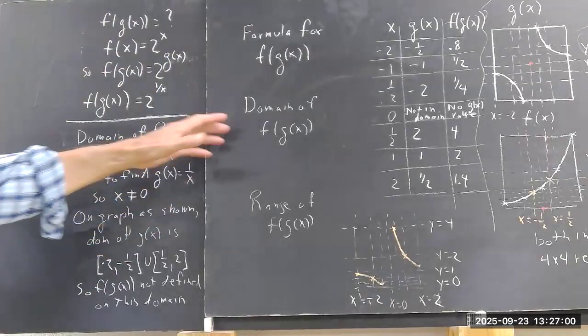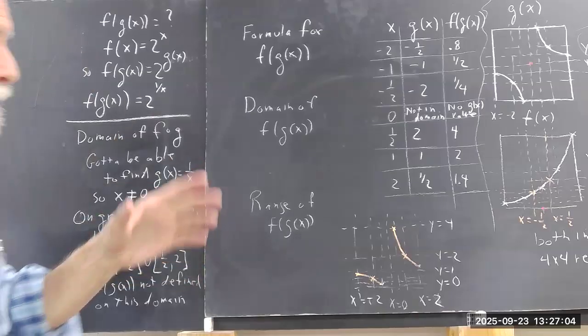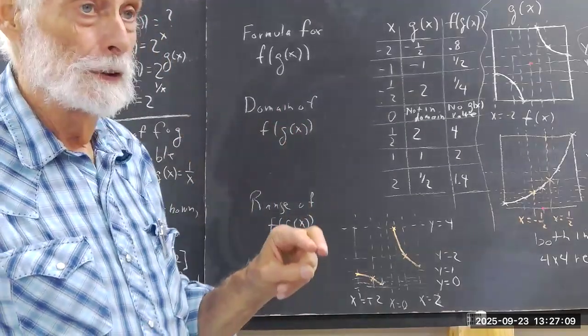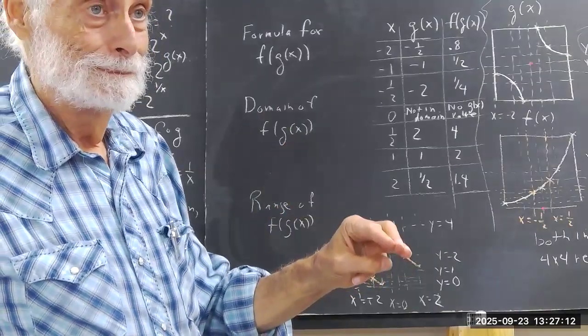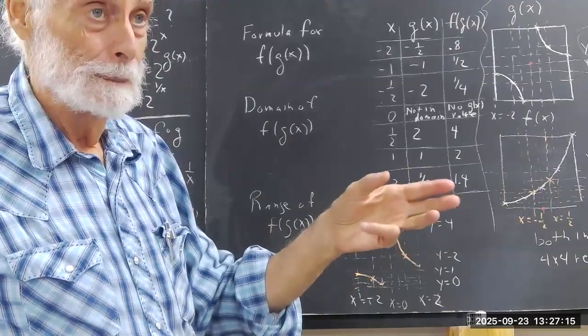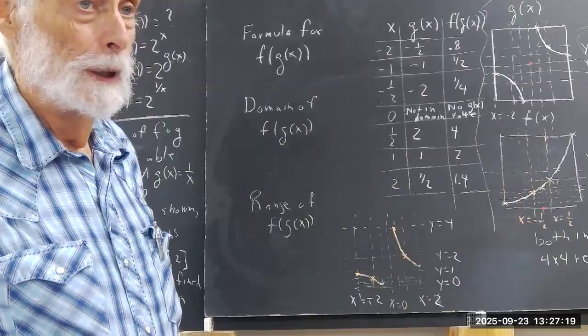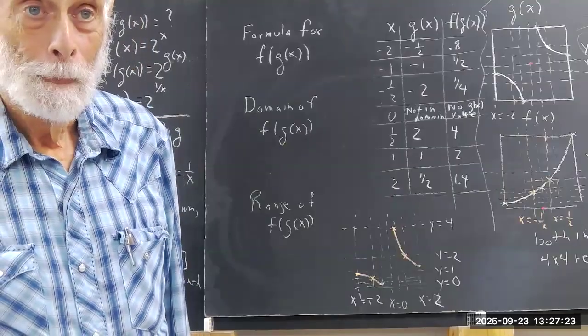You had a lot of questions about domains and ranges on composite functions. They're important. You're going to be tested on them, but they're not going to make or break you, because it's kind of tricky. On a 100-point test, domains and ranges might be worth 4 points.